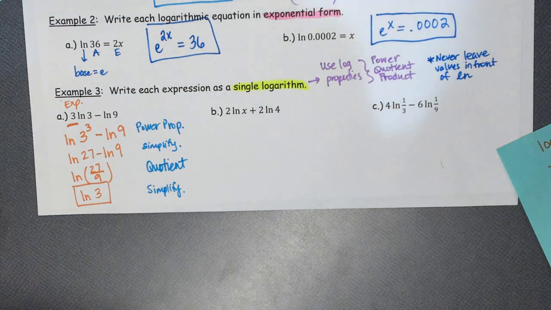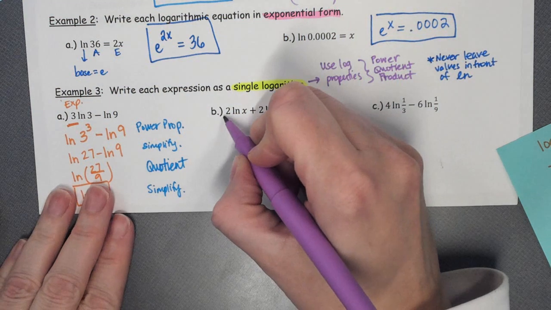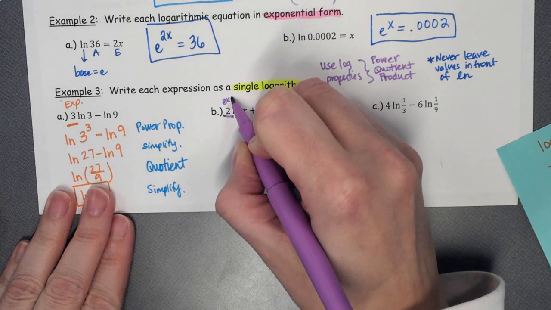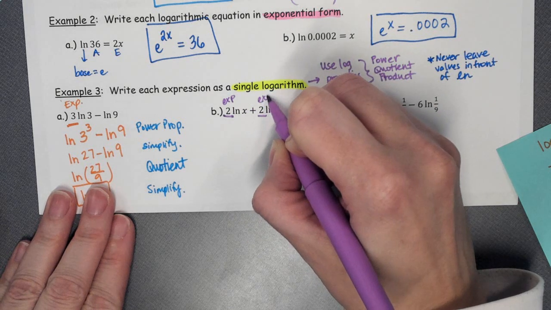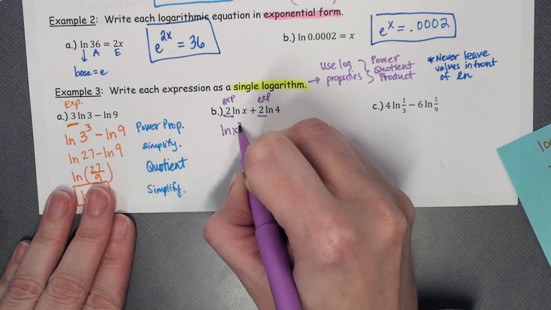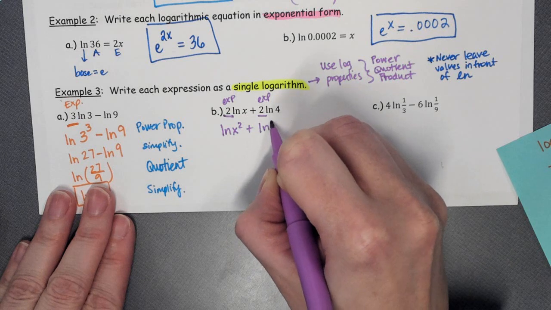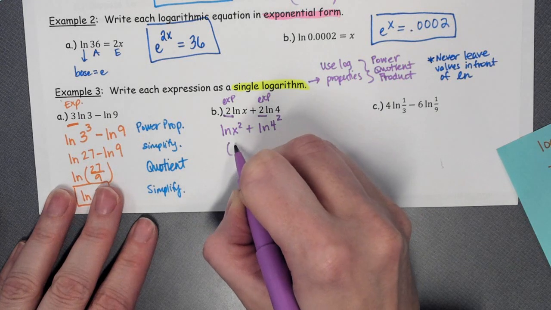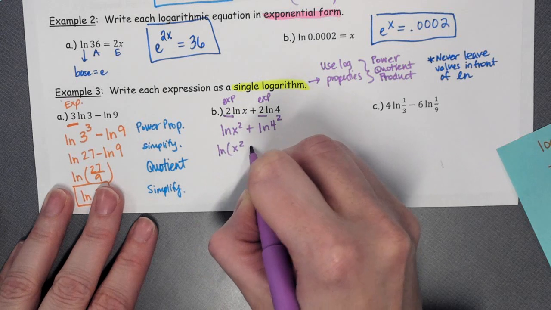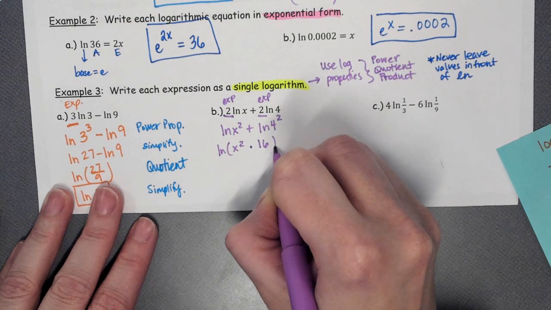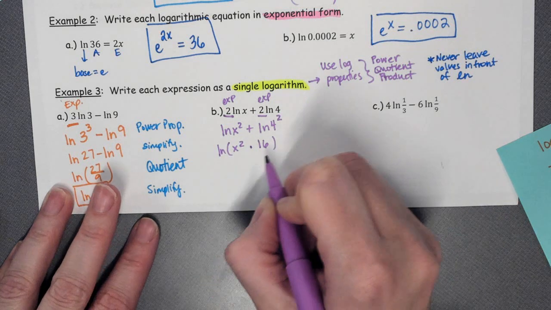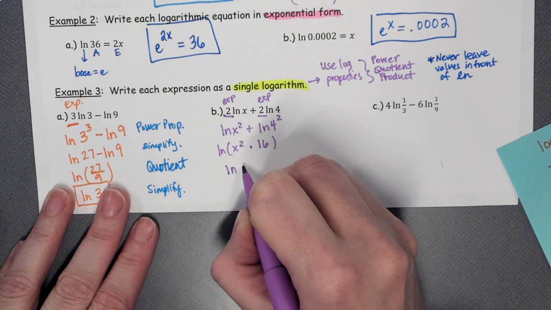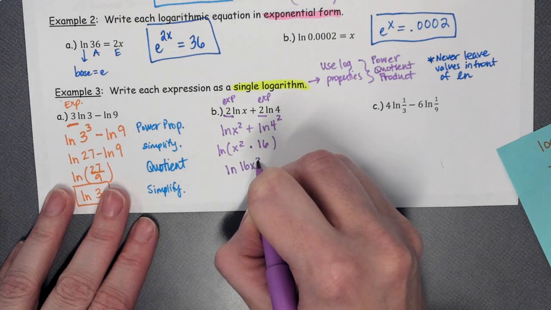So anything that's in front becomes an exponent. So this is an exponent, this is an exponent. So you have the natural log of x squared plus the natural log of 4 squared, which we know is 16. Now when you multiply these together, you had this times 16. The proper way to write that is the natural log of 16x squared.